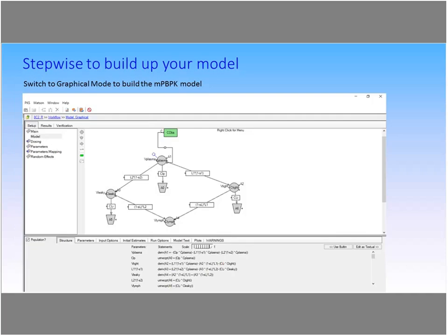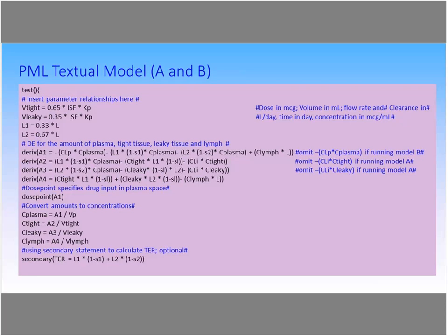From the graphical mode, we'll start adding more compartments and name them the way we want. Once the model is built the way we want it, we switch to Edit as Textual. This provides a very nice framework to revise the textual model, while we avoid unnecessary errors that might happen if we wrote the model from scratch.